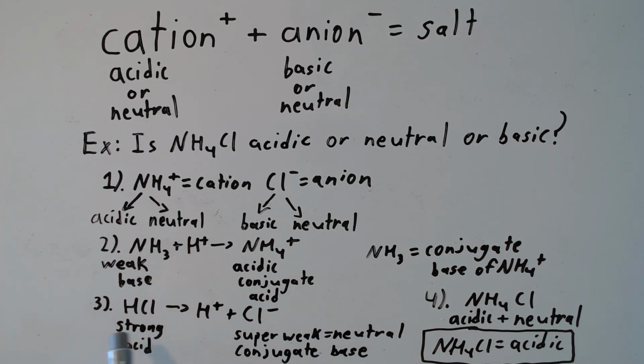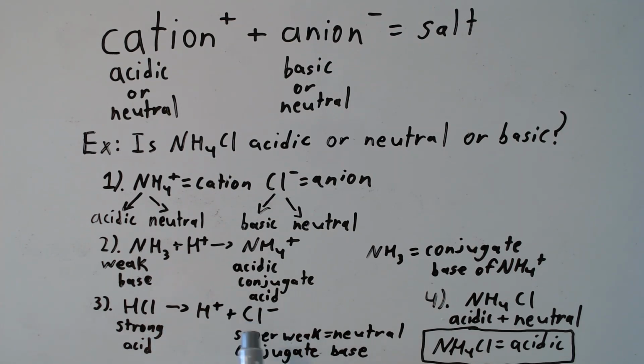And again, the HCl in this case is actually a very strong acid. And it is in our list of strong acids. That's how we know it's a strong acid. While the Cl minus is a super weak, neutral conjugate base, because the HCl is so strong that most of the reaction is essentially HCl dissociated into H plus and Cl minus, and very little of this reaction goes in the reverse.